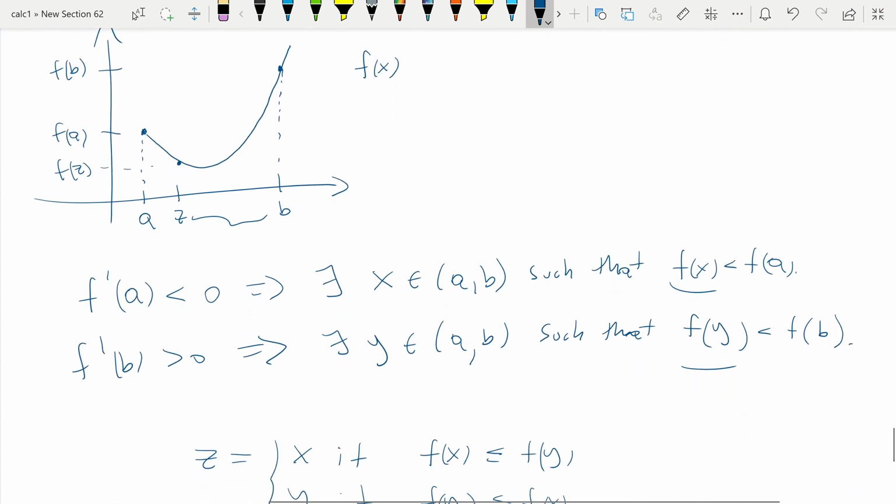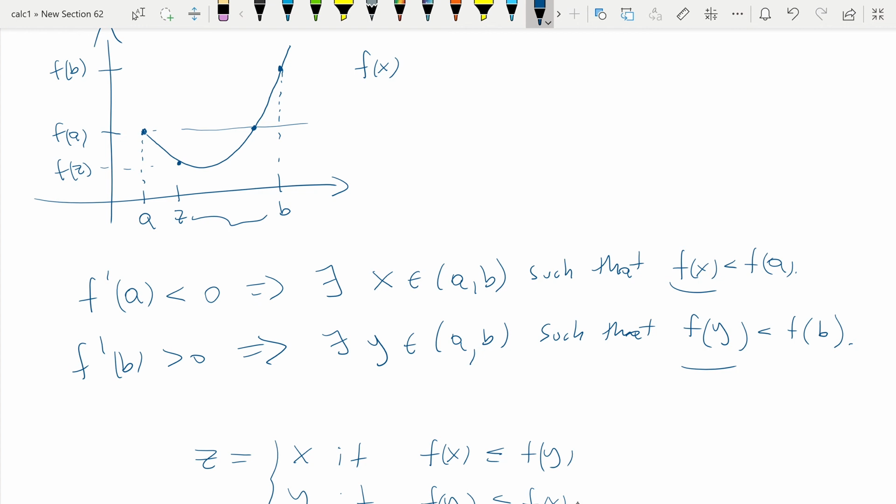Since the function is differentiable, it is continuous in between z and b, and therefore you can apply the intermediate value theorem. So at some point, this will take on the value f of a, because f of z is smaller than both f of a and f of b.